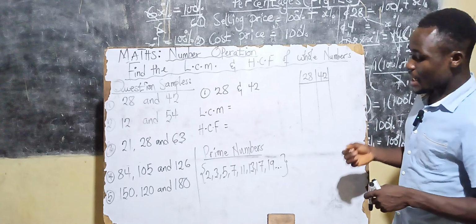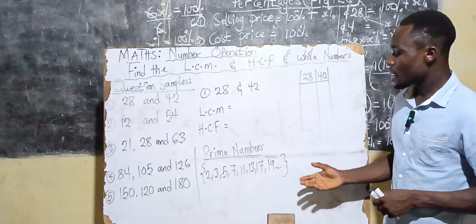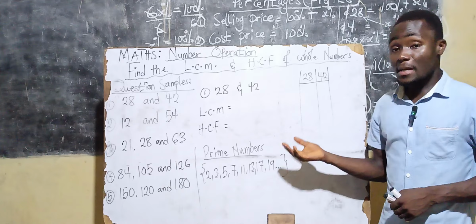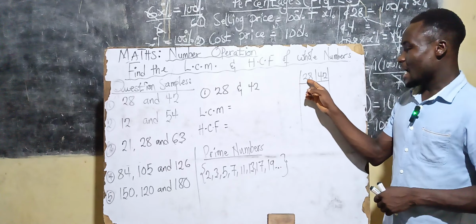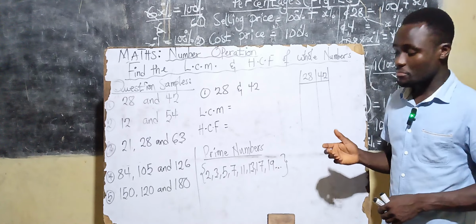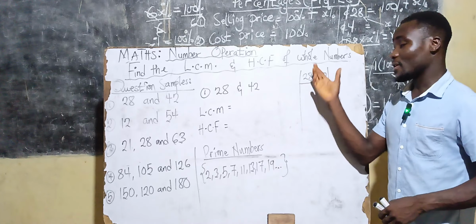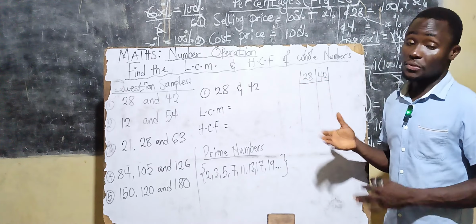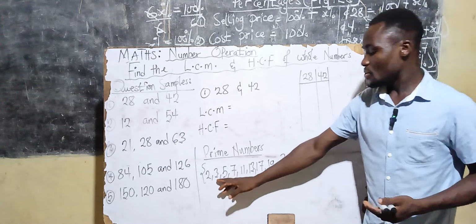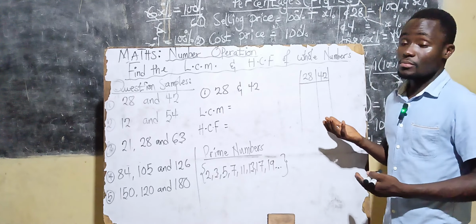Now what I'm going to do is pick one of these prime numbers in the sense that if I pick the prime number, you should be able to divide either one of these or both numbers that I have here. So I can decide to pick the 2, and 2 can divide 28 and 42. I can also use the 3, which is possible.